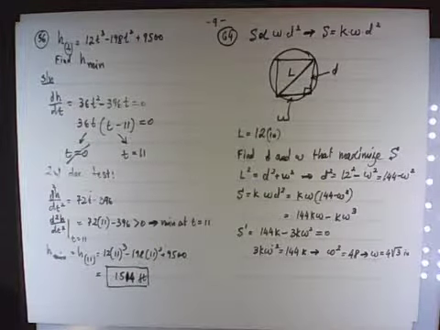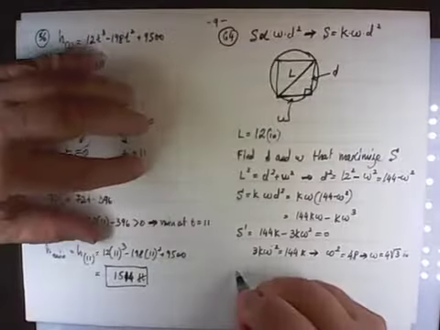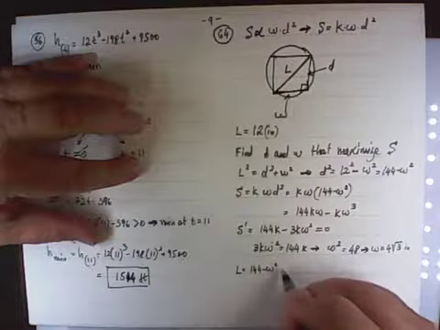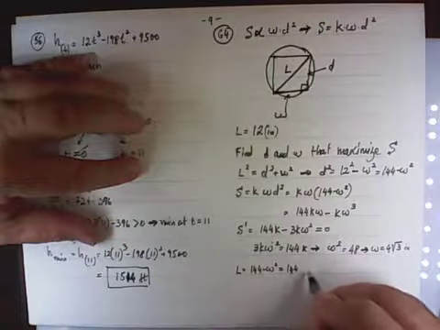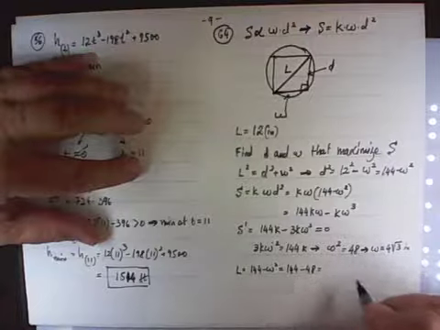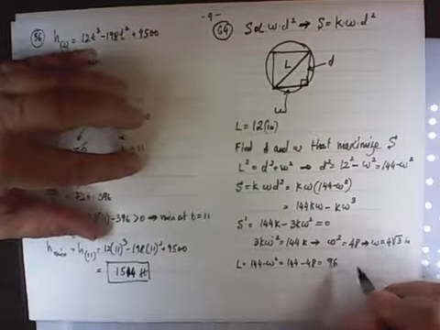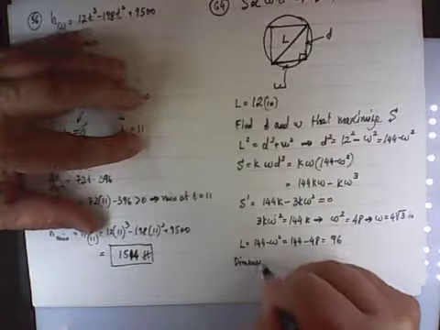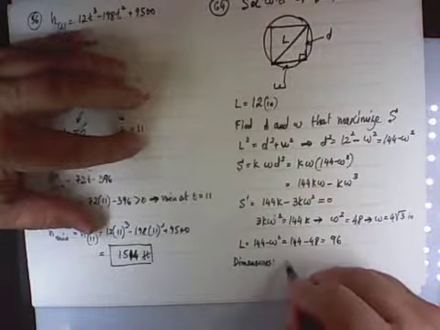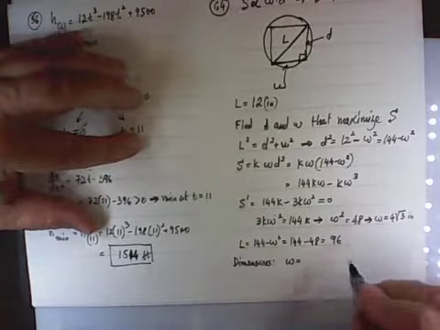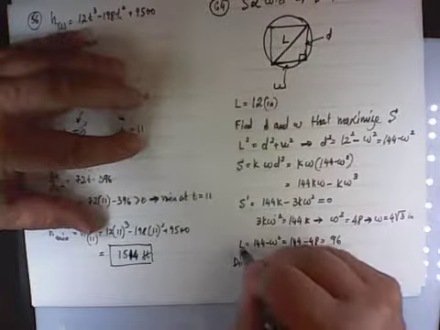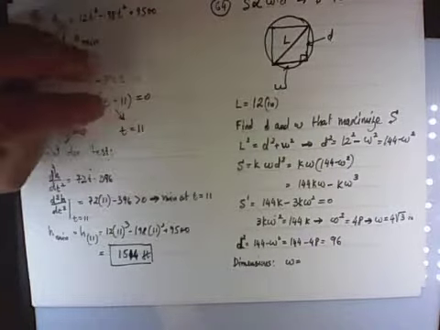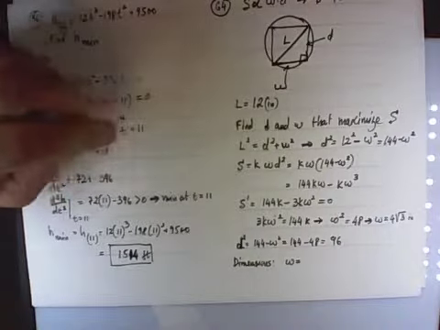And D squared equals 144 minus W squared, or 144 minus 48, which is 96. What do they want us exactly to find?